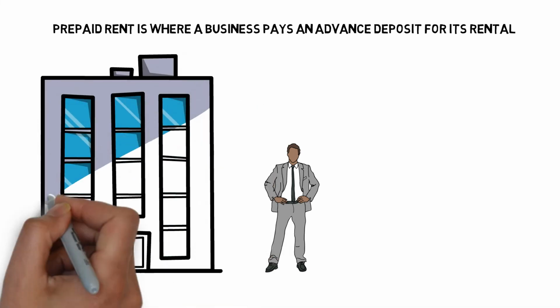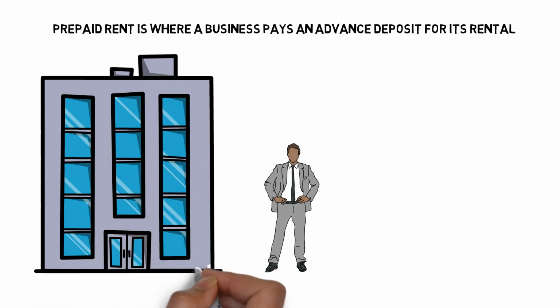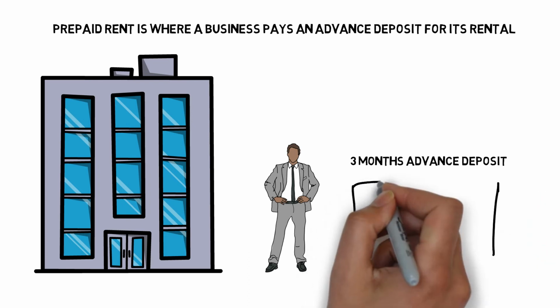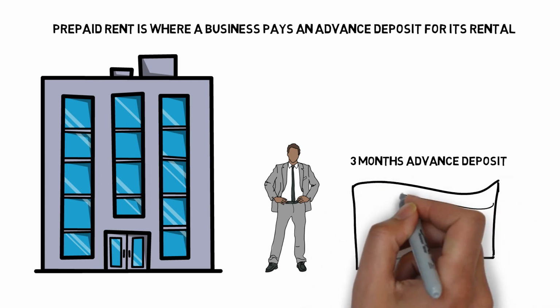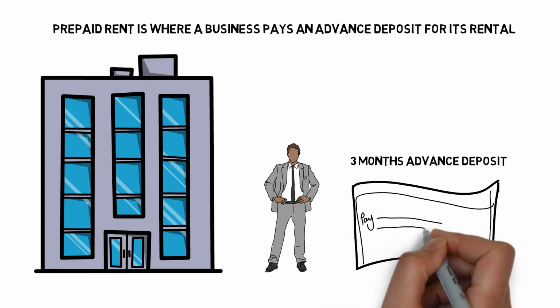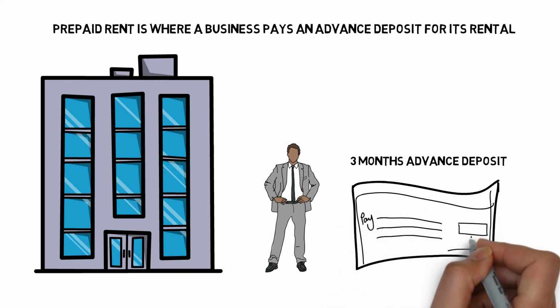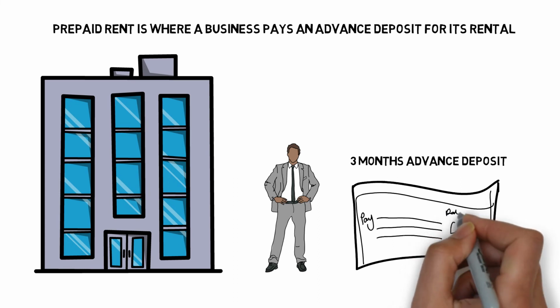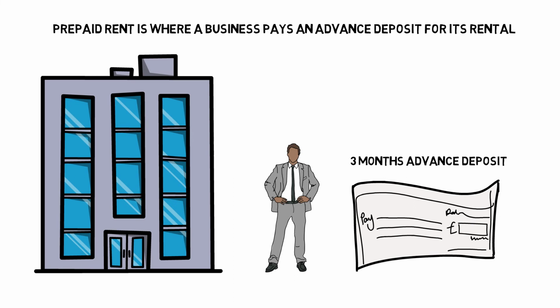He decided to rent a commercial space, but he needs to pay 3 months of advance deposit to the lessor before he can start using the space. Remember, prepaid rent is considered as an asset because you can use the advance deposit to pay for your rent in case you lack cash or budget.